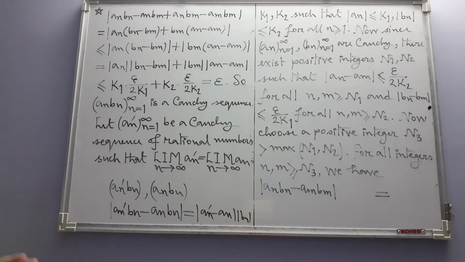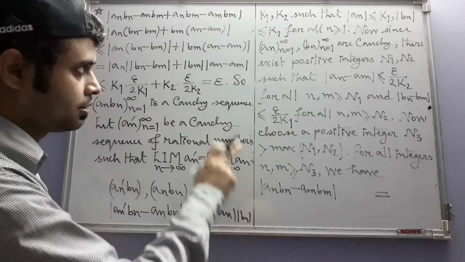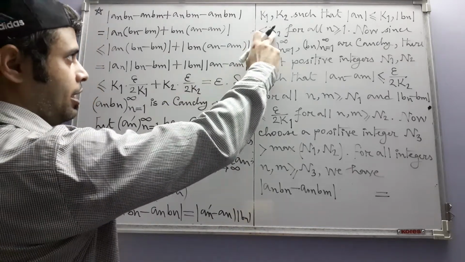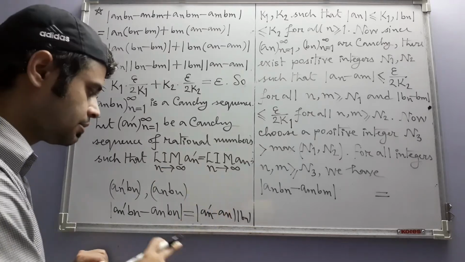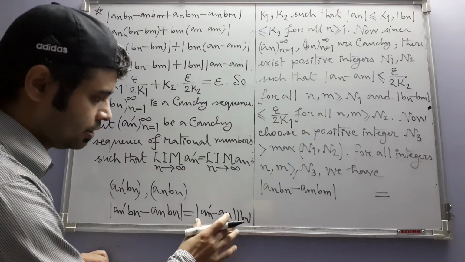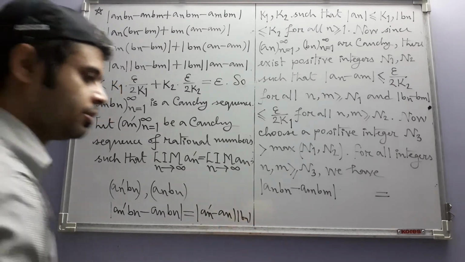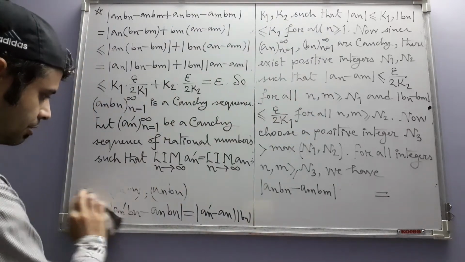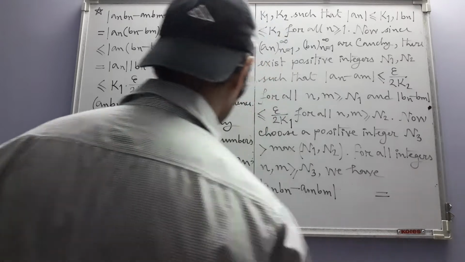So from here you can see that you have to use the bound that the sequence bn has, along with the fact that an prime and an are equivalent. So this can be made small, and for this there is already a bound. Okay, so that's how we are going to proceed.